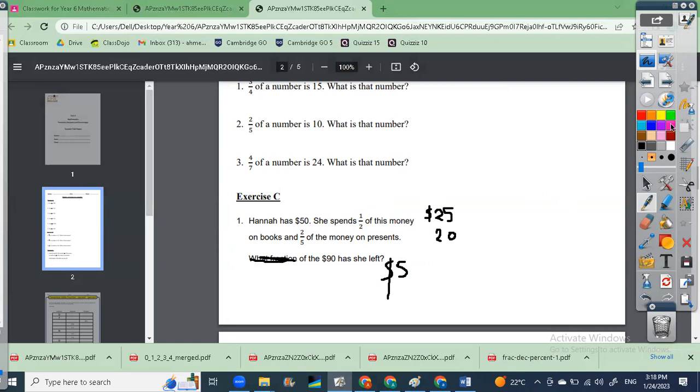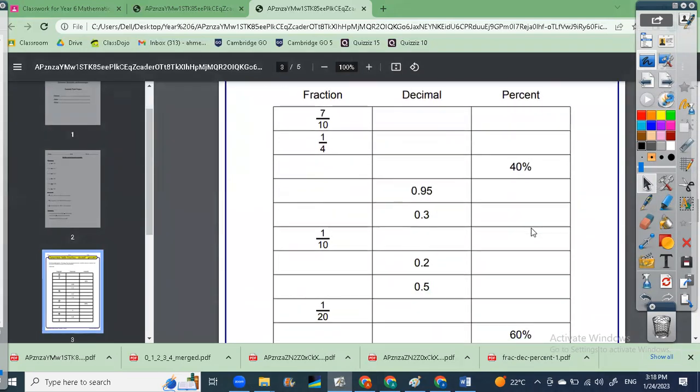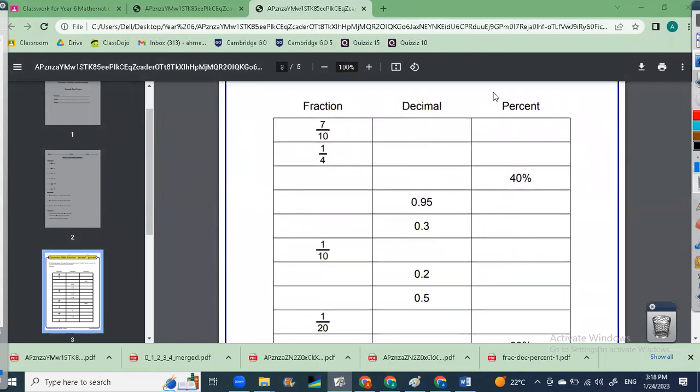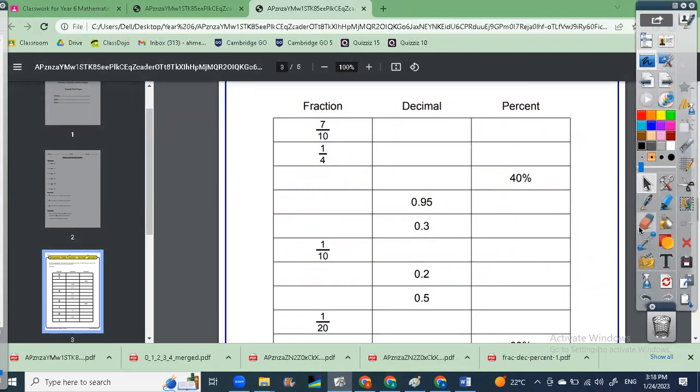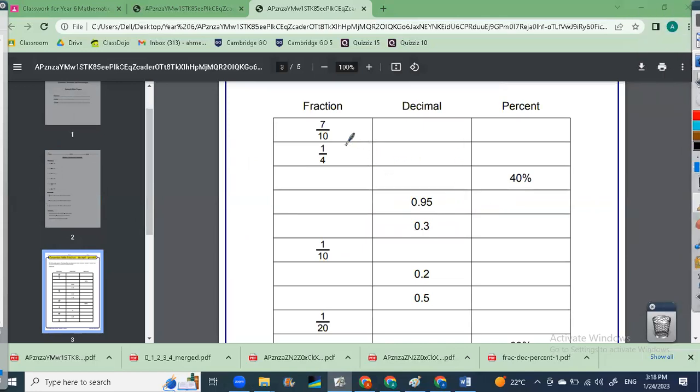All right. Now we're going to move to the next page. The next page here is showing us converting fractions into decimals and percentages, or conversion between fractions, decimals, and percentages. We learned that if I have a fraction like this, we just read it normally, it's 7/10. 7/10 is just a 7 in the tenths place.